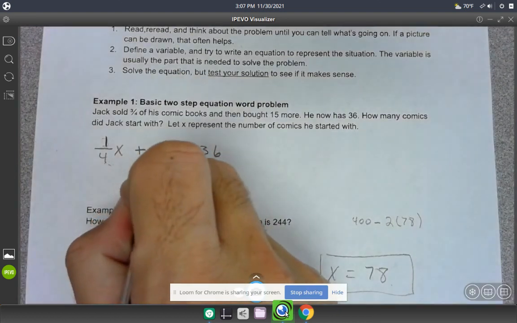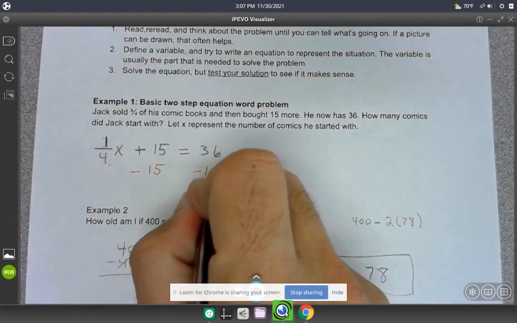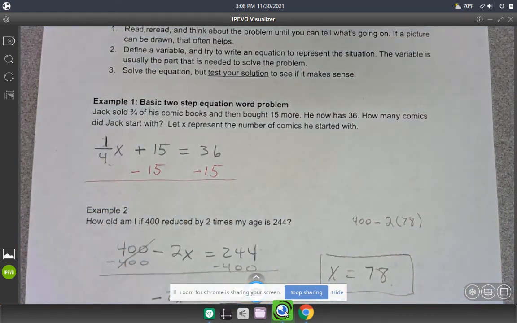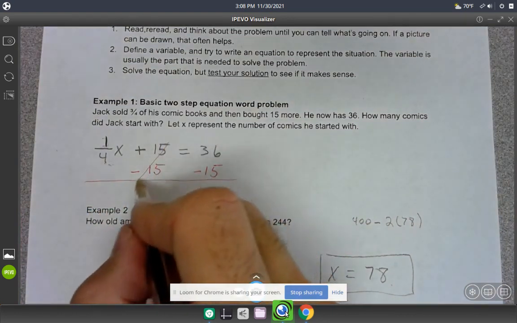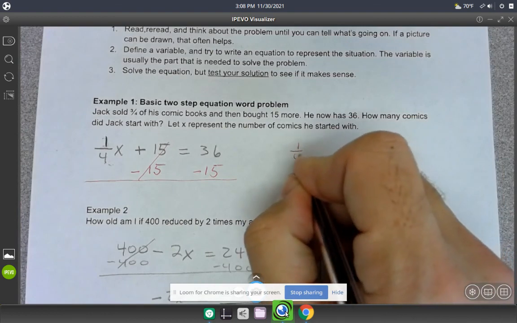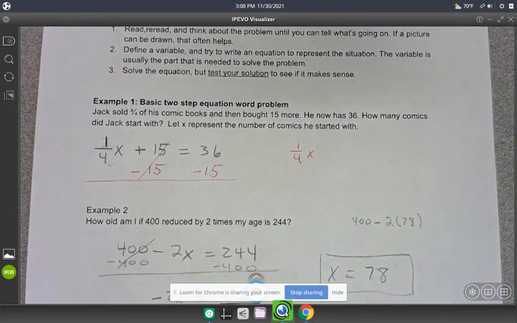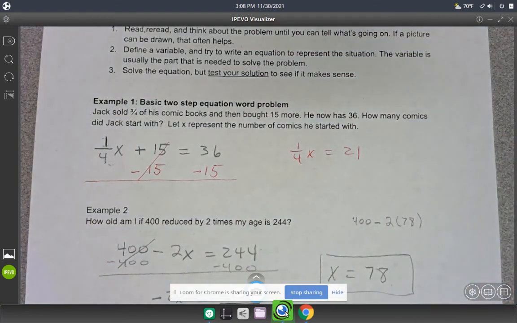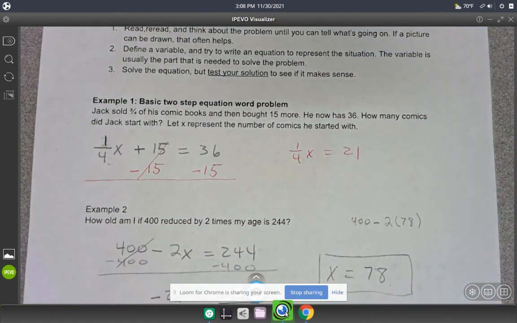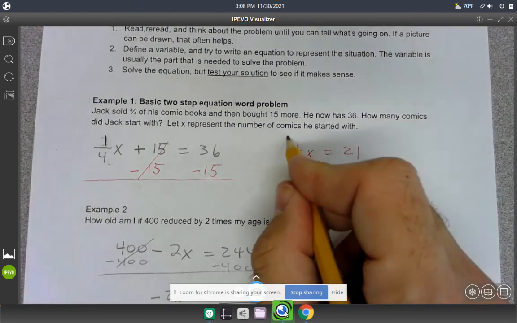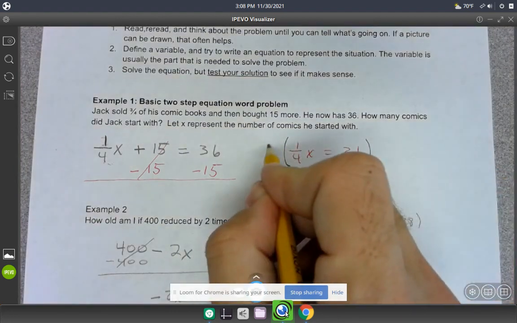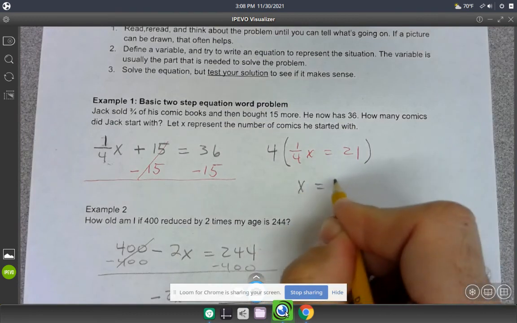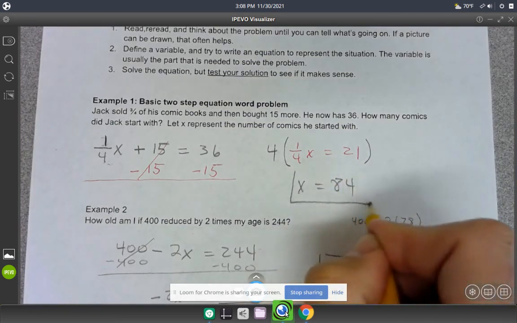I know this question is very confusing, I'm sure. Very sorry about that. It's a thinker. Cancel that. You get 1/4 of the number of comic books is equal to 21, and then you multiply by 4 to cancel out the 1/4. Clearing that denominator gives you x equals 84.